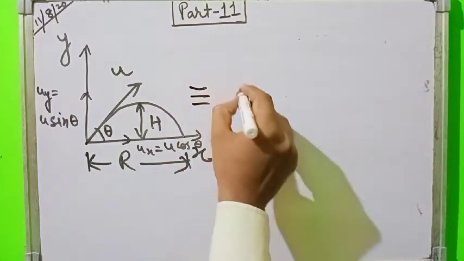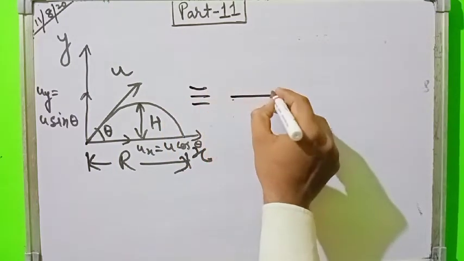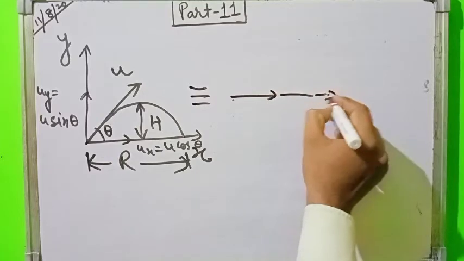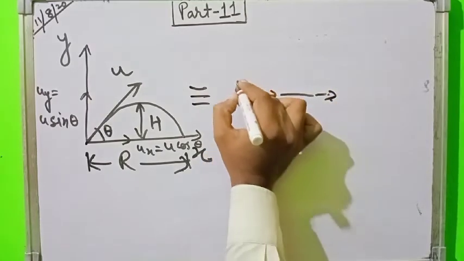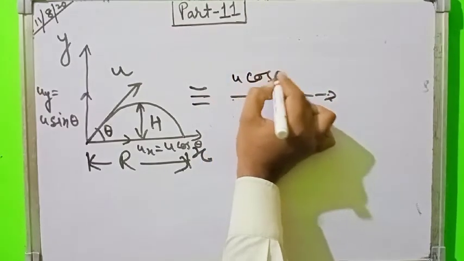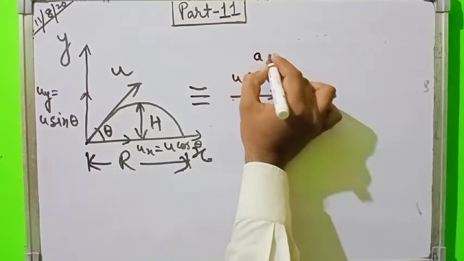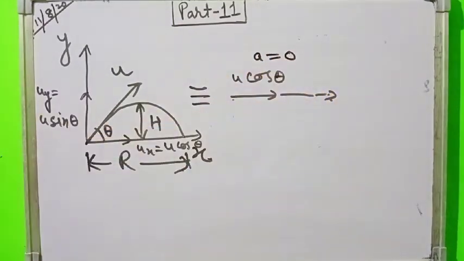It can be treated as the horizontal velocity u cos theta in this direction with acceleration equal to 0.